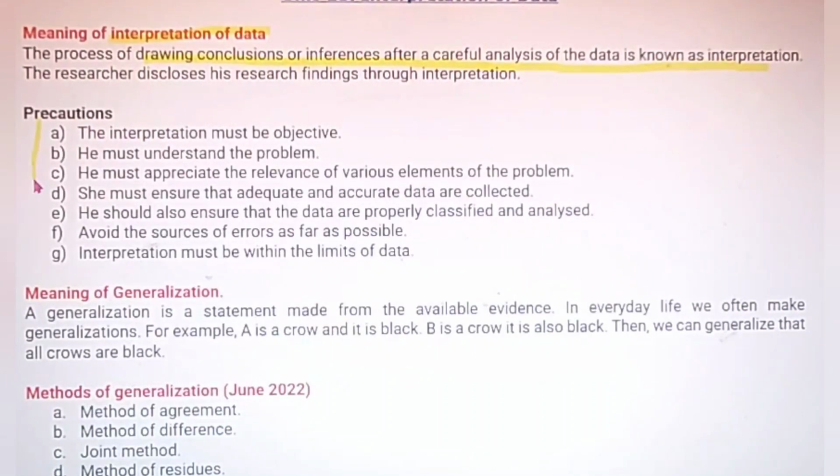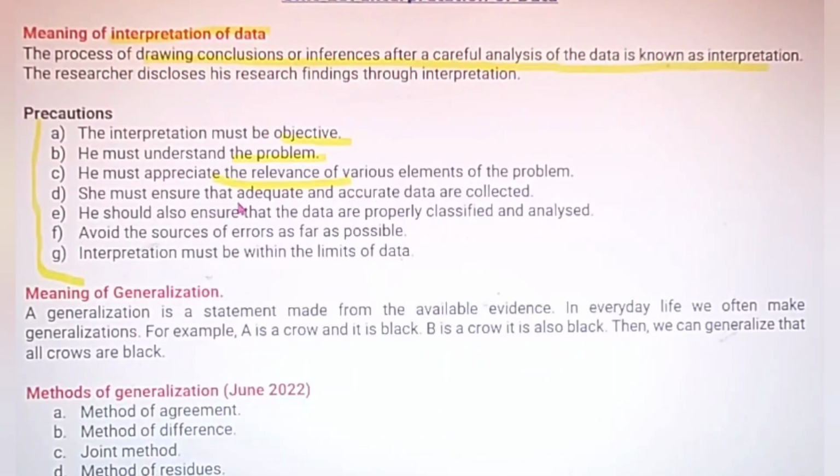And the researcher should take the following precautions while making an interpretation. It must be objective. He must understand the problem for which he has found the solution, and he must appreciate the relevance, like it should be relevant to the problem.